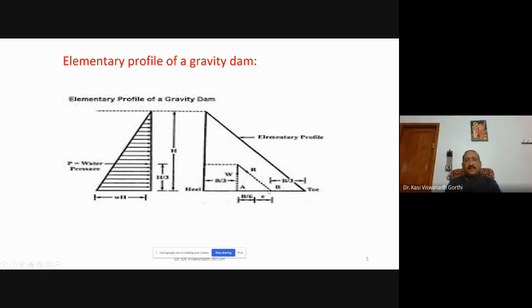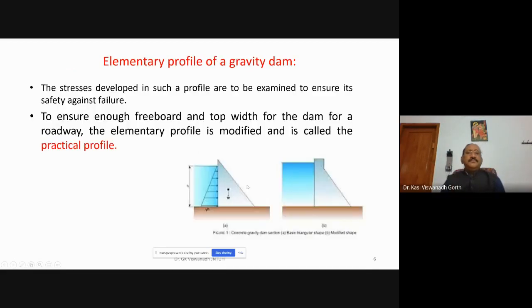So this is the elementary profile, and you have a water pressure diagram. Only two forces are considered: the self-weight and the hydrostatic water pressure, which occurs because of the water stored in the reservoir. Of course, there may be other cases where you need to consider the uplift also. Let us go one by one with clear understanding.